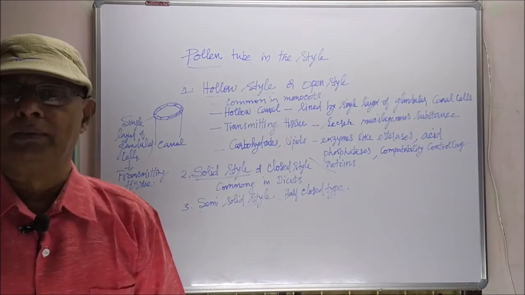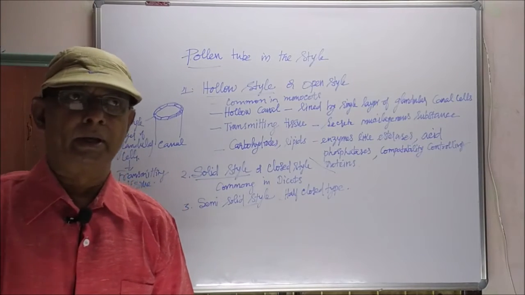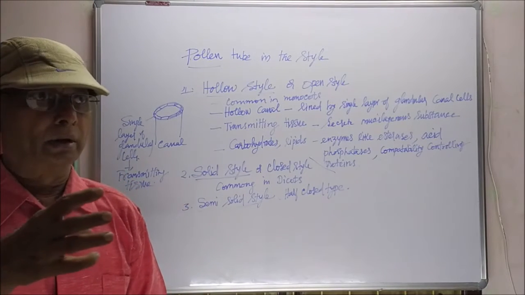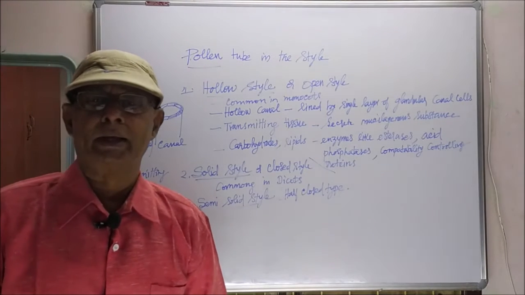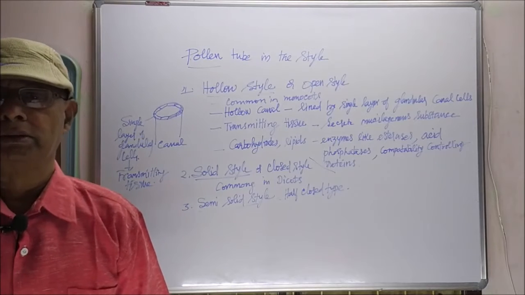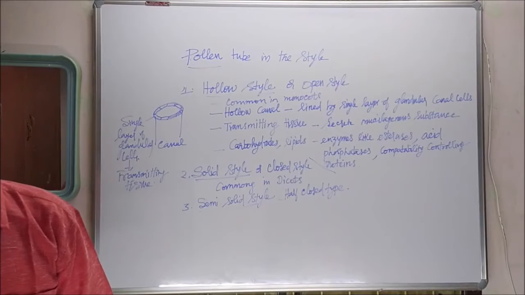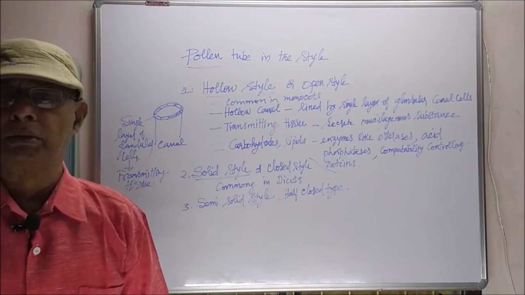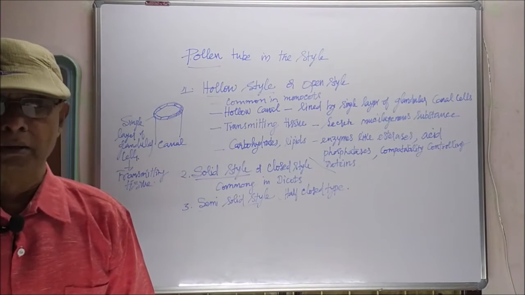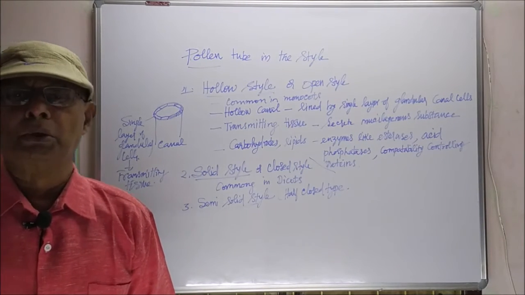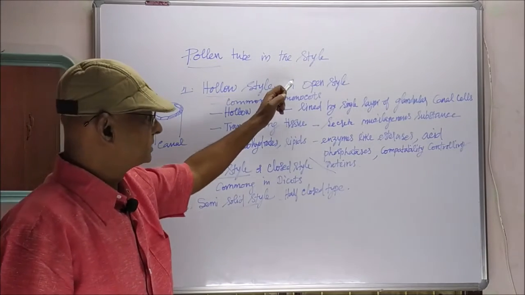The canal is filled with the secretions; the hollow style is completely filled with the secretions of the transmitting tissue, and that is serving as nutrition for the growing pollen tube and also controlling the incompatibility reaction between the style and the pollen tube. So that is about the hollow style or open style.